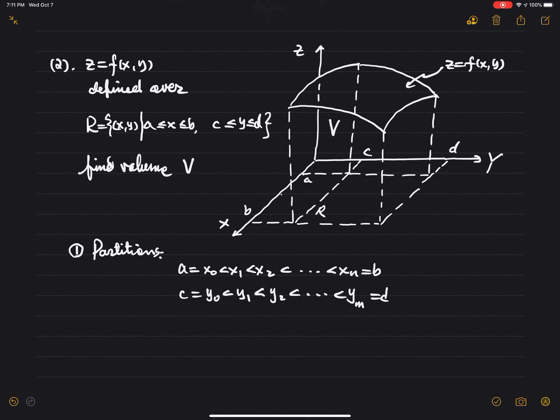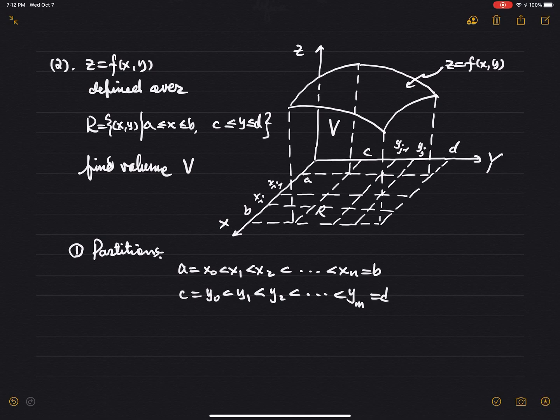Say here this is x_{i-1}, and to make it easier to see, I make this a little bit larger, x_i. And here this is y_{j-1}, and here is y_j.